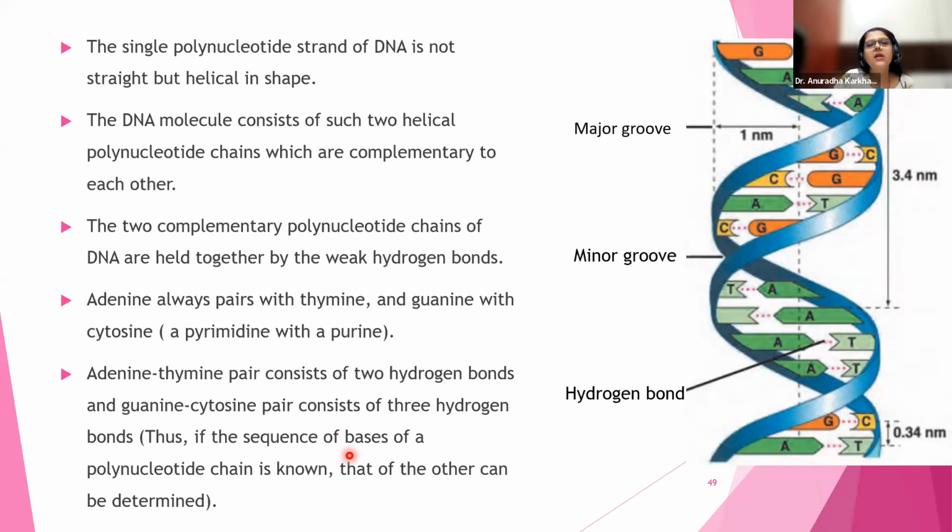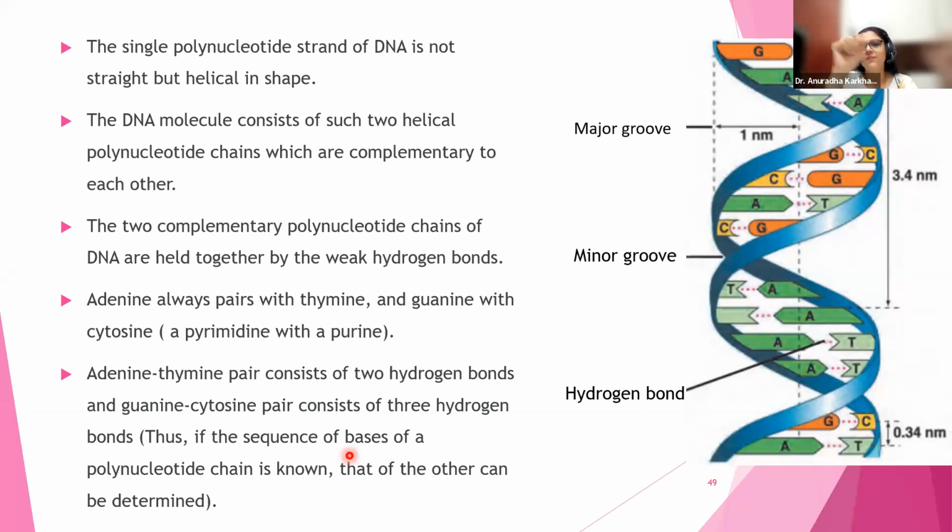Okay, the carbon of a sugar is denoted by a prime, dash, etc. When I say 5 prime, it means the 5th carbon of the pentose sugar is free, not connected to any other nucleotide. When I say 3 dash, the 3rd carbon of the pentose sugar is free, not connected to any other phosphate. Is it fine?